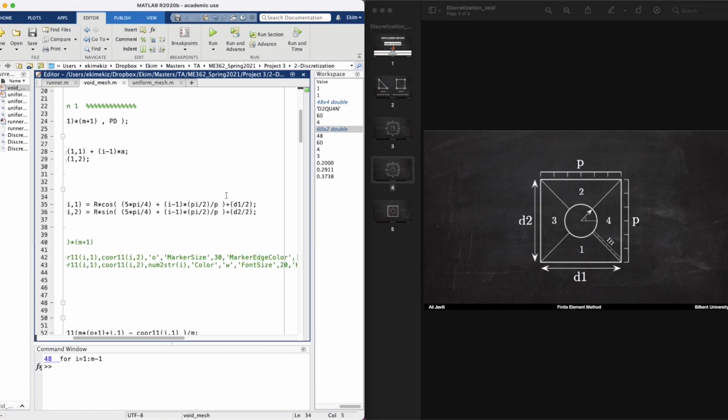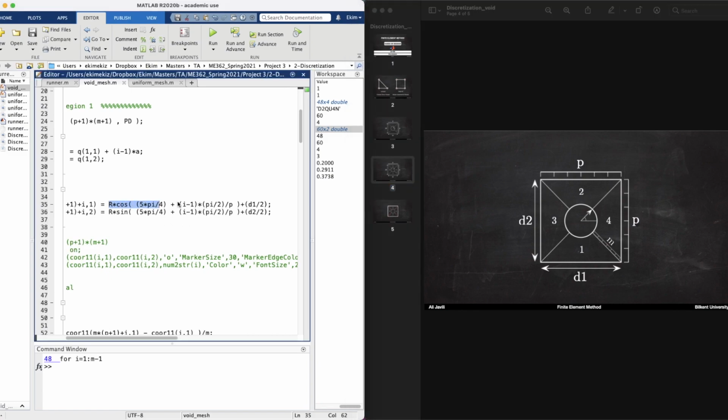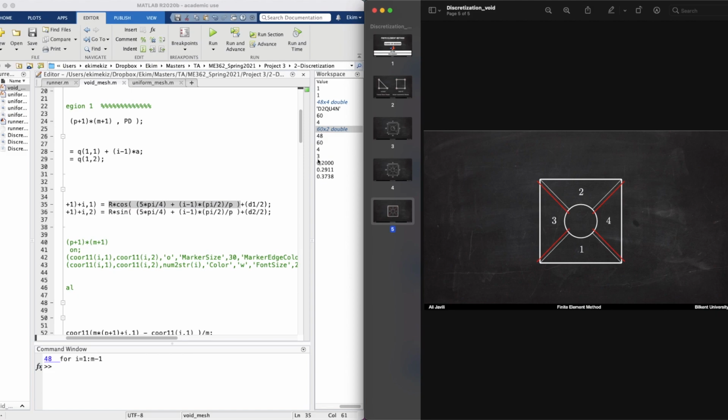And there is also this d1 over 2 here. And that is because this coordinate we have calculated here works only if this circle's center is at the origin. So we know that it's not, it's actually at d1 over 2, d2 over 2.